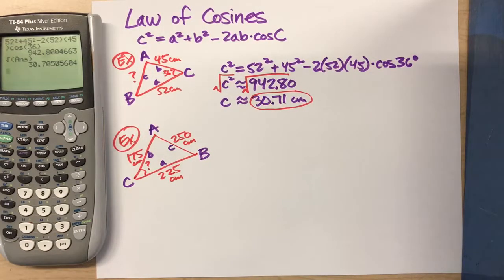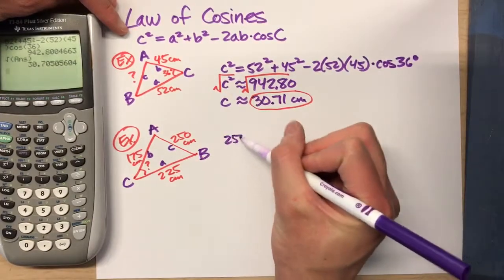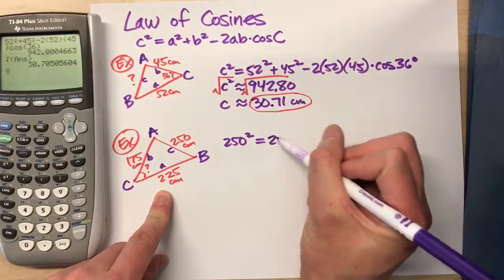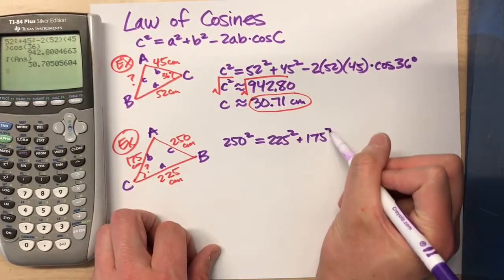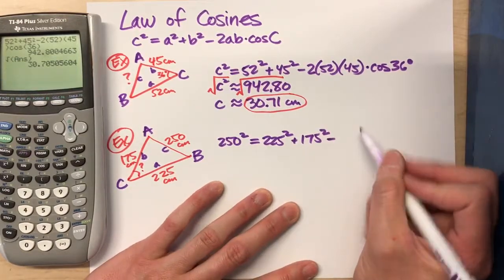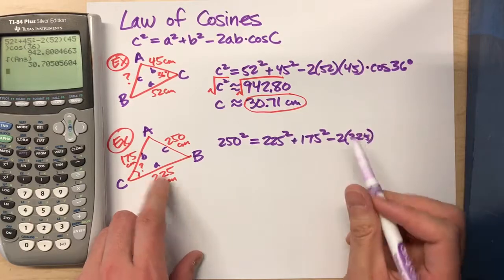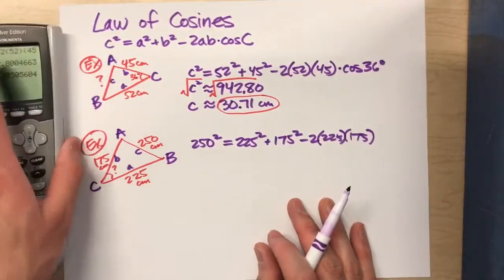C squared, in this case I know C, 250 squared equals A squared plus B squared minus 2 times A times B times the cosine of C.